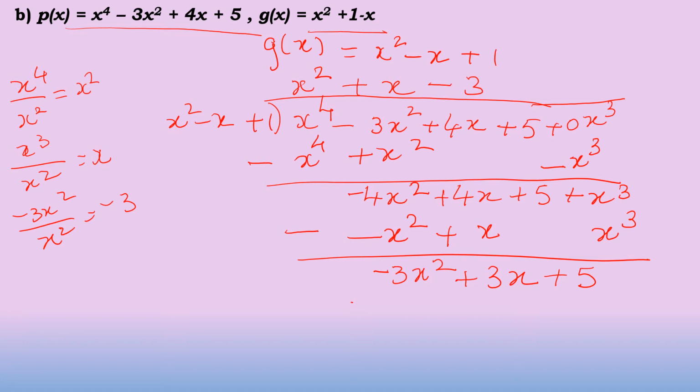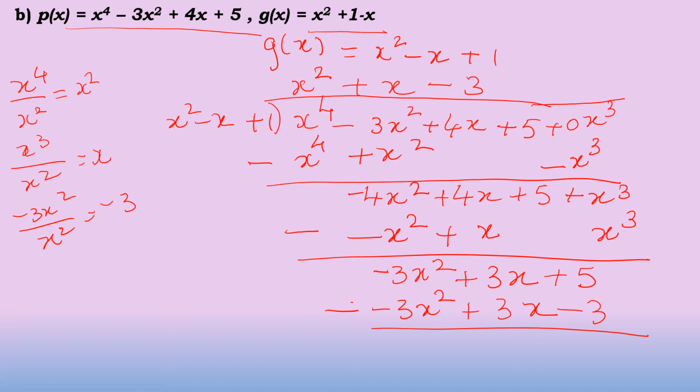Minus 3 into x square will be minus 3x square. Minus 3 into minus x will be plus 3x. Minus 3 into plus 1 will be equal to minus 3. Now when you subtract, you get the minus 3x square minus minus 3x square will be 0. 3x minus 3x will again be 0.